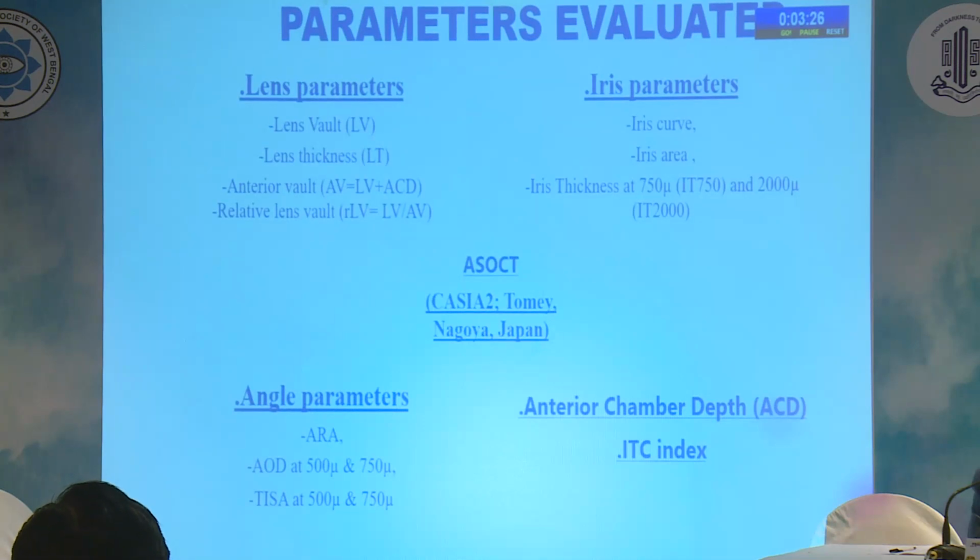The parameters evaluated were lens parameters including lens vault, lens thickness, anterior vault and the relative lens vault, iris parameters like iris curve, iris area, iris thickness, angle parameters like angle recess area, angle opening distance, the trabecular iris space area, anterior chamber depth and the iridotrabecular contact index.